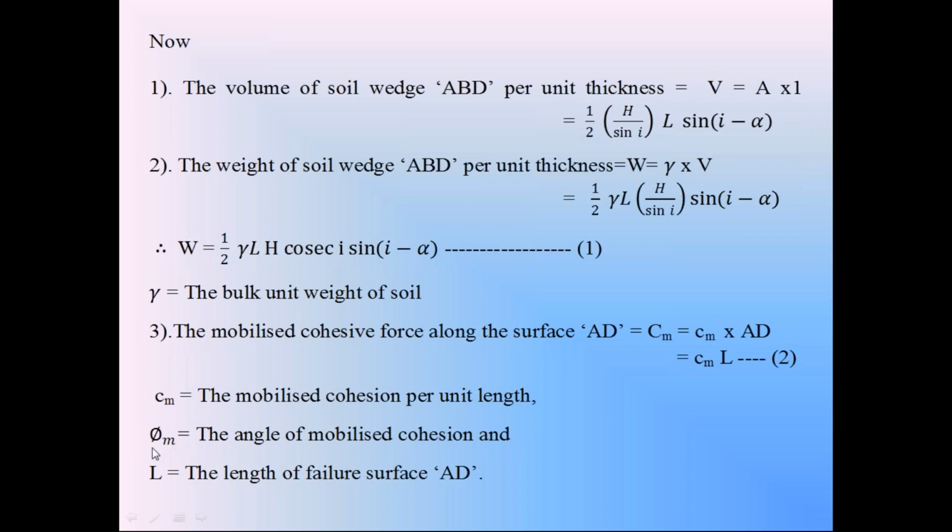This phi m is equal to the natural angle of friction phi divided by the factor of safety. So we know this phi m value.